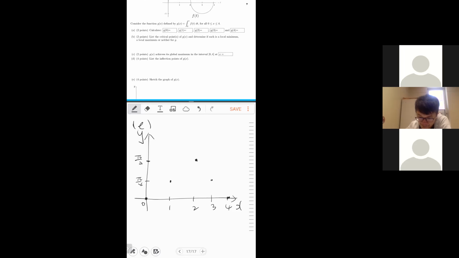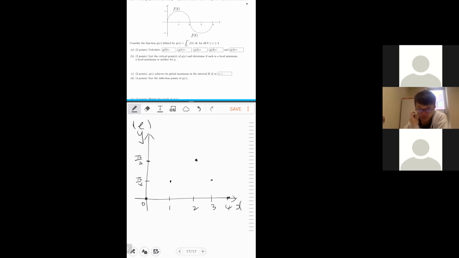So now what? I know that 1 and 3 are inflection points, so it would have to be concave up and concave down on different sides of 1 and 3. So to the left of 1, is the function g of x increasing or decreasing? Sorry, is it concave up or concave down?